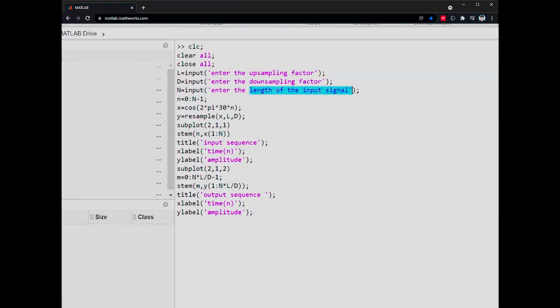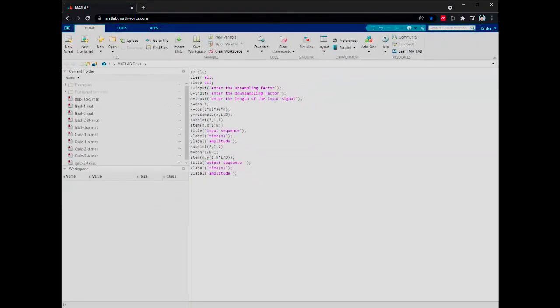So in here, we will use the equation cosine 2 times pi times 30 times n for the x value. Using that, we will do the multi-rate sampling.